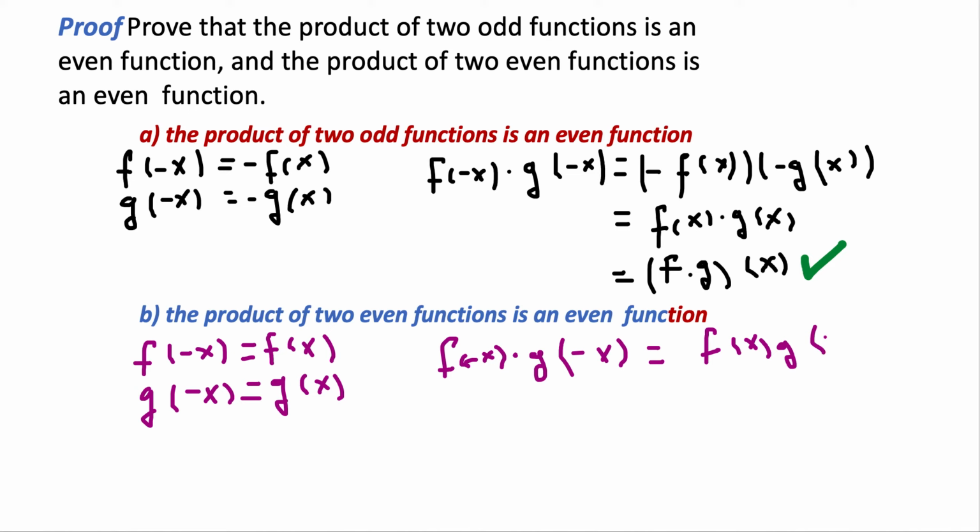So both are positive, so we get a positive, even function. And this already proves that the product of two even functions is an even function.